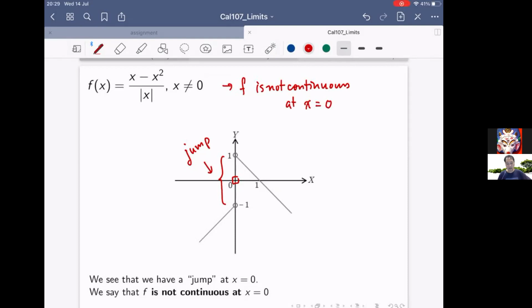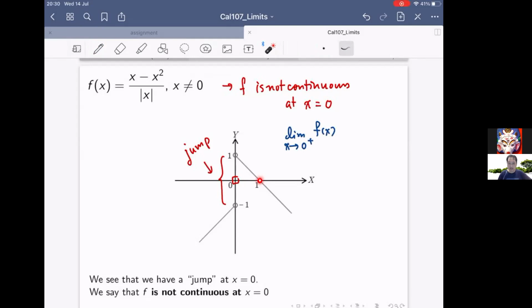And how are we going to find the limit if we are given this kind of graph of a function? It's not that difficult. If we want to find the limit as x goes to 0 from the right of this function, it means that we start our consideration here, or just anywhere really close to 0.